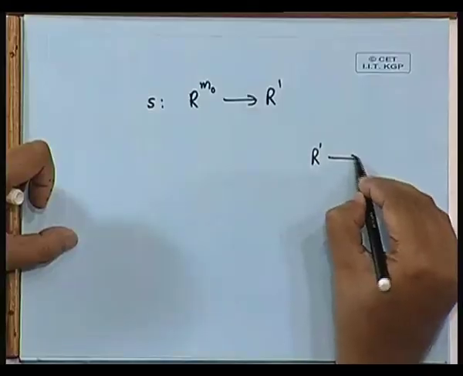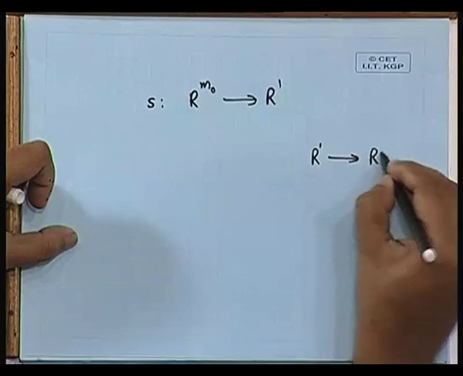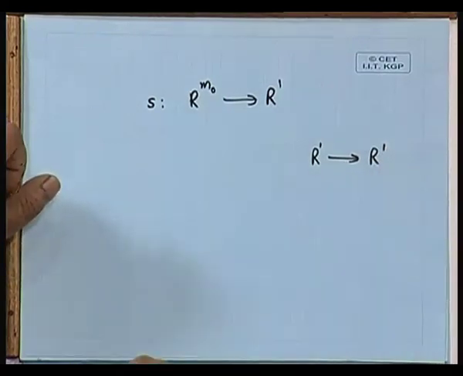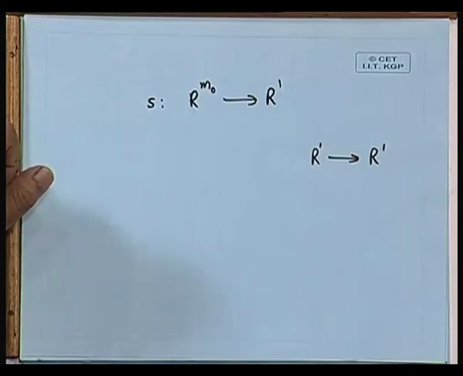In order for you to answer the problem in a better way, supposing we have got some mapping function which maps from one dimensional space to another 1 dimensional space. So, let us consider a 1 dimensional to 1 dimensional mapping.